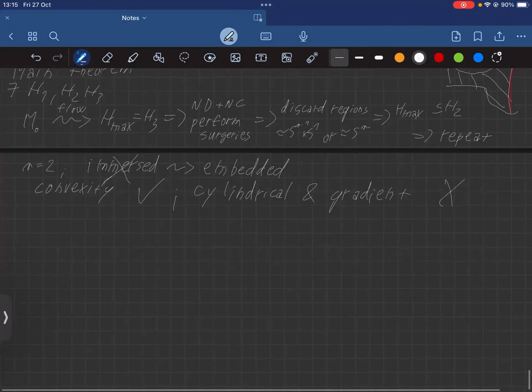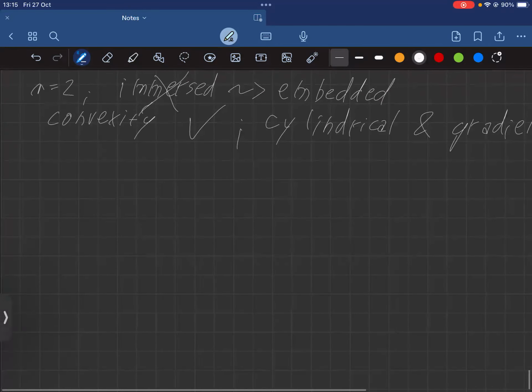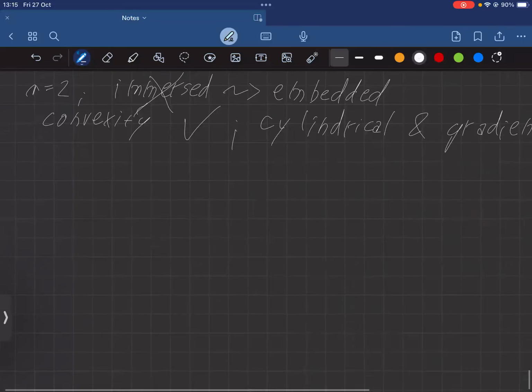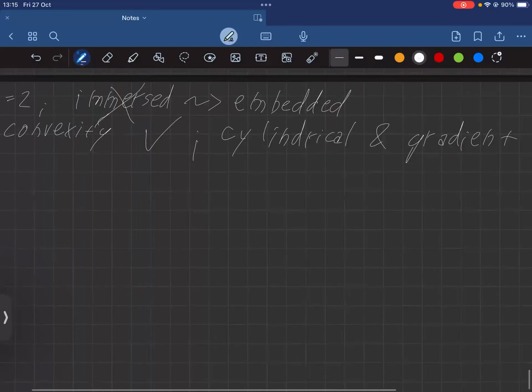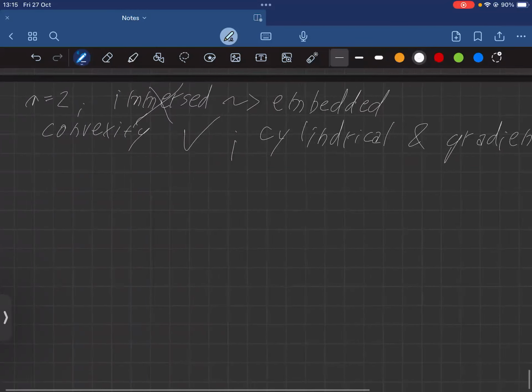And what needs to be done, we actually need to introduce a new quantity called inscribed and outer radius. It's going to help us control our hypersurface and provide some analogs of the cylindrical and gradient estimates.